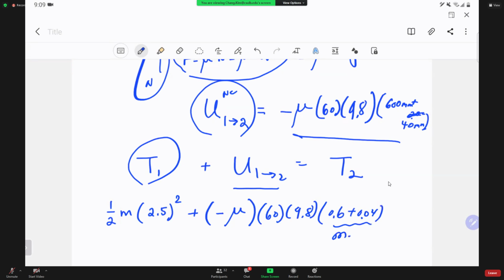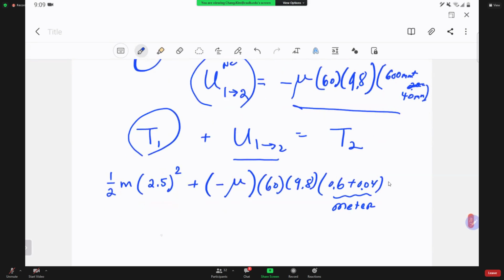These are converted to meters, otherwise you've got to be careful. Plus 1/2 times k1 x1 squared is equal to 1/2 times mv2 squared plus 1/2 times k x2 squared.